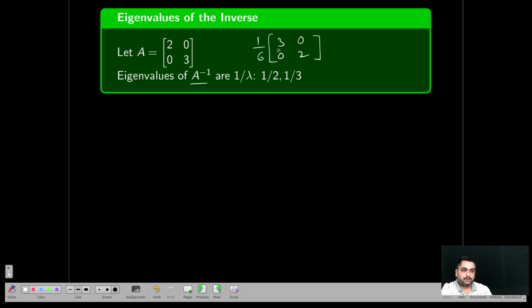So what will be the new lambda values? This will be 1 by 6 into 3, which is 1 by 2, 0, 0, and then I'll get 1 by 3. So again, these are the eigenvalues for the inverse matrix.